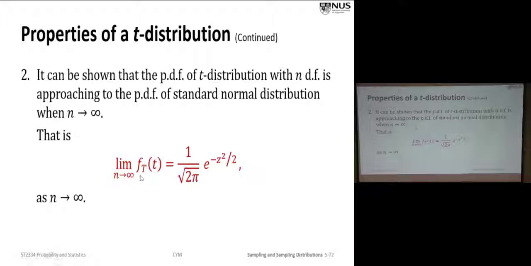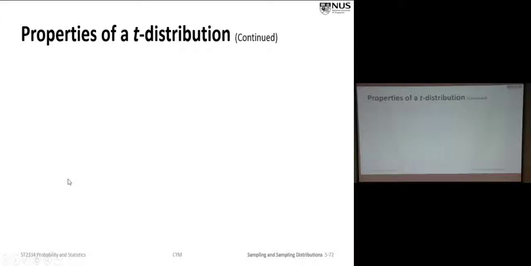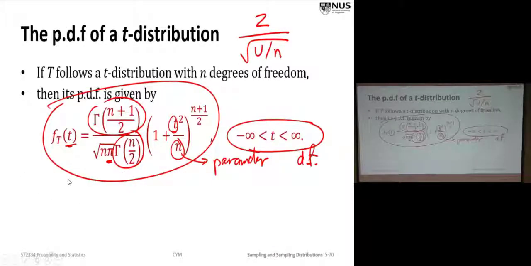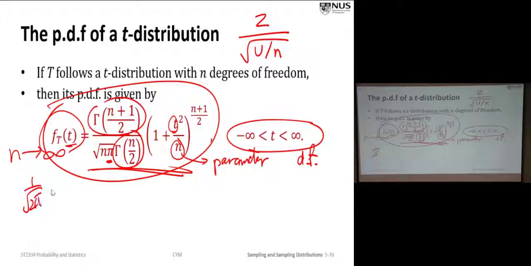In other words, this complicated PDF, as n approaches infinity, can be shown to equal 1 over square root of 2 pi e to the power minus t squared over 2.